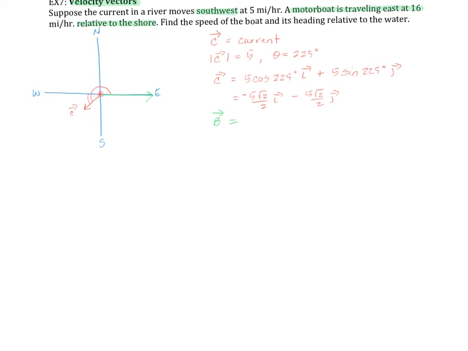Since it's relative to the shore, I'm going to put a little subscript s. That's something we commonly see in physics. So this boat relative to shore will have a magnitude of 16 miles per hour, and angle theta here is 0 degrees.